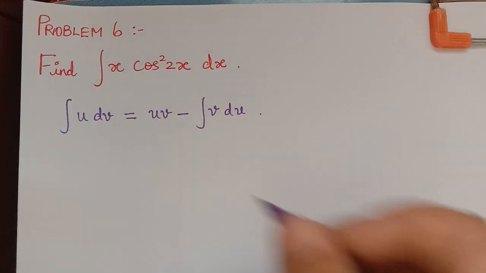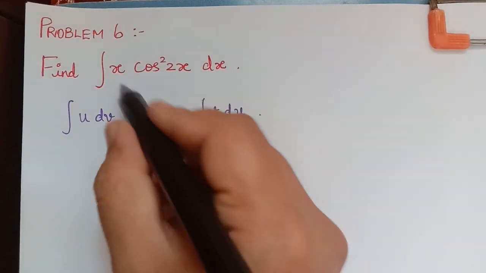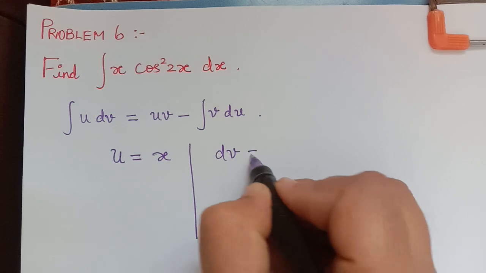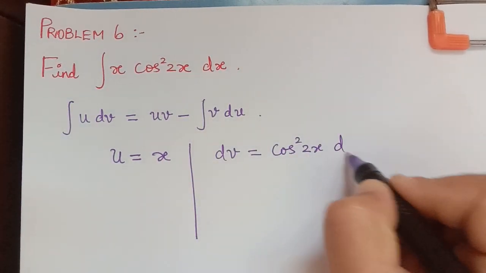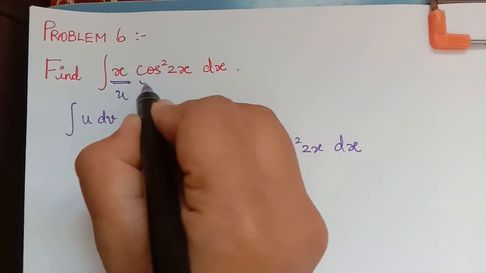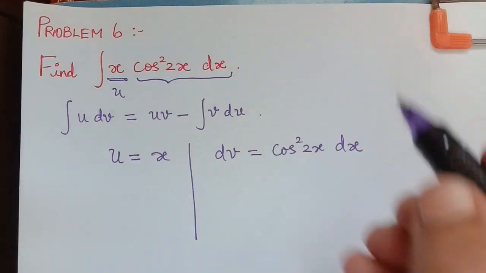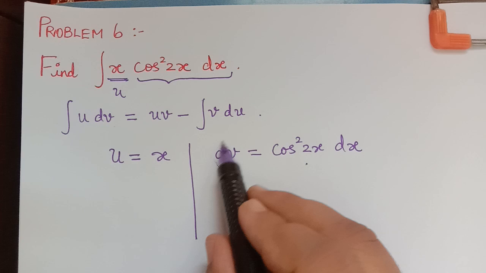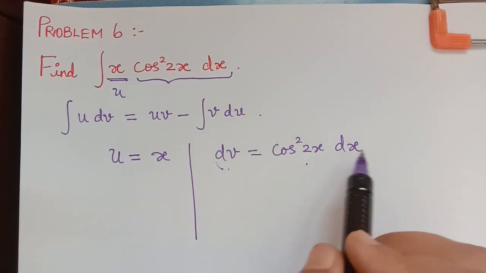Therefore we choose u equal to x and dv equal to cos squared 2x dx. Because this is chosen as u, the remaining full portion including the dx has to be chosen as dv, because we will be integrating dv to get v, so we should have dx in this part only.